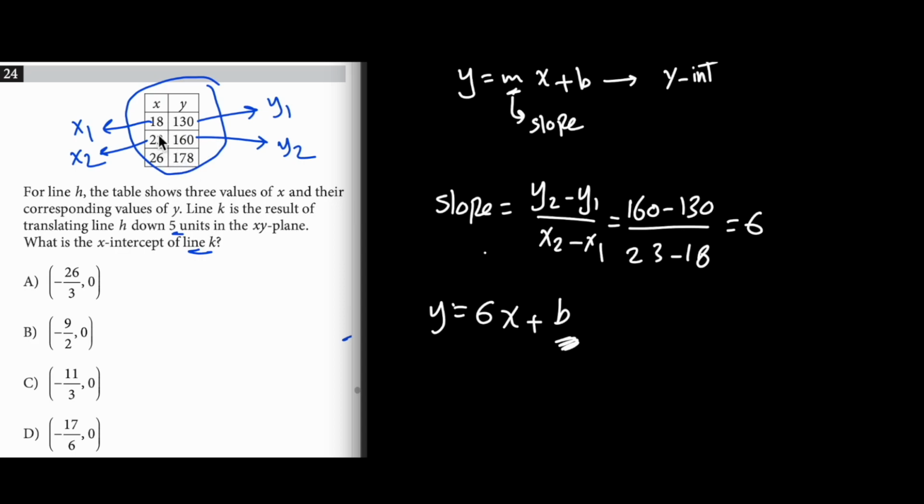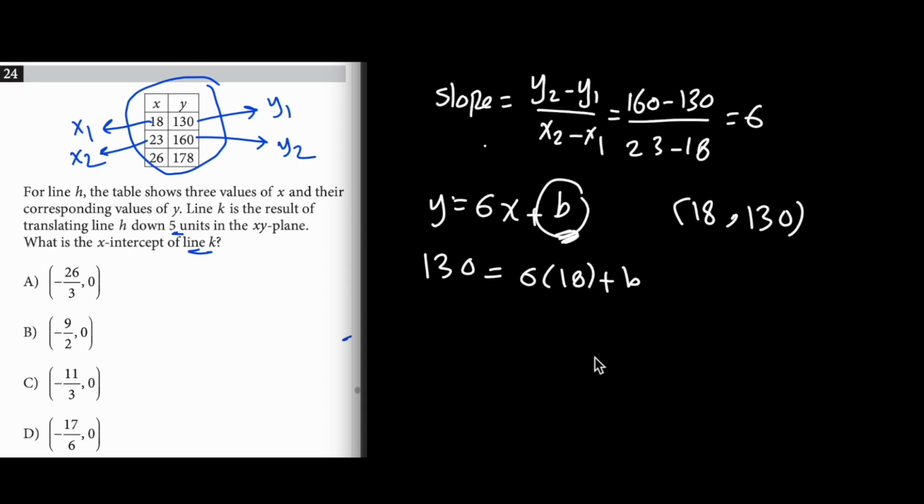Now how can we find the value of b? Just put any value for x, like 18, and the corresponding value for y, which is 130. This is to find the y-intercept, or b. So 130 equals 6 times 18 plus b. It means b equals 130 minus 6 times 18.